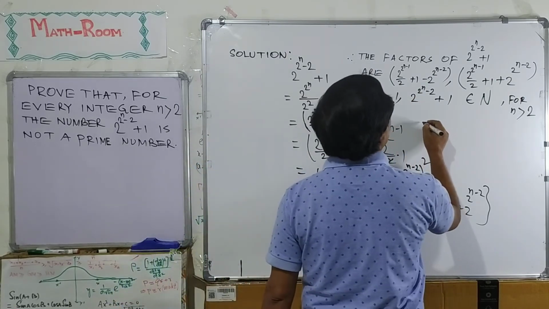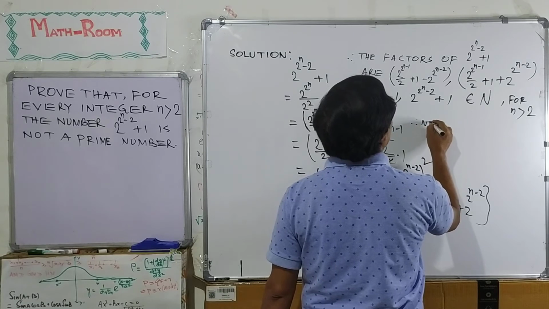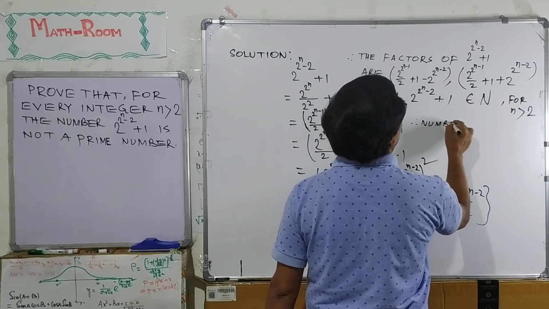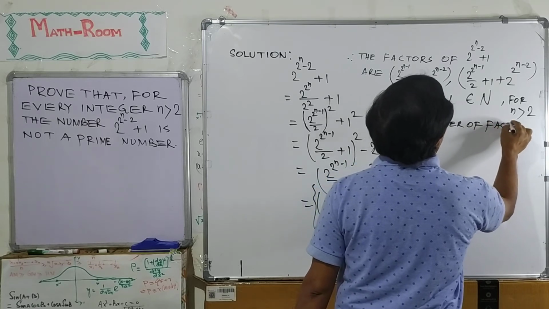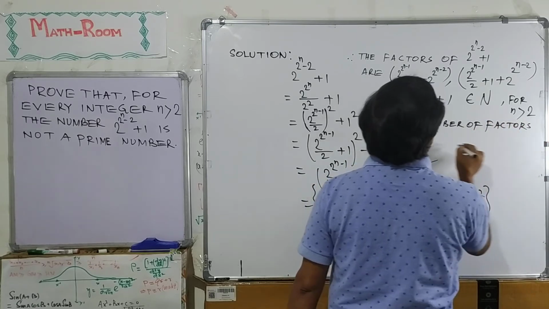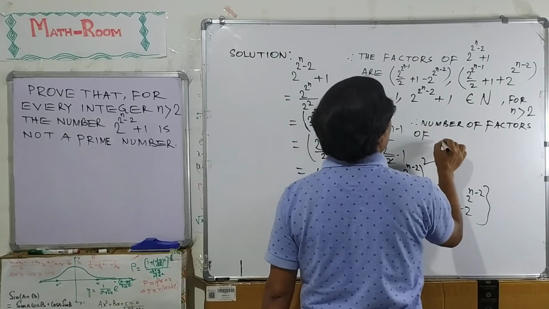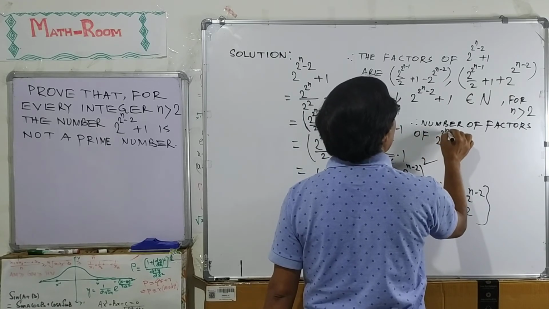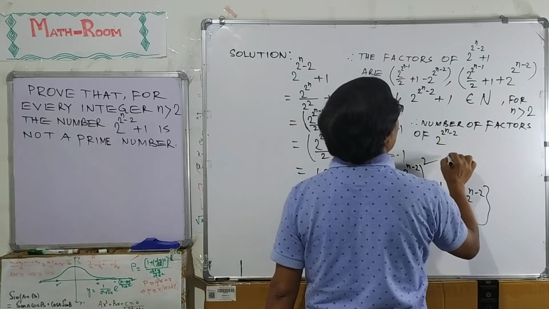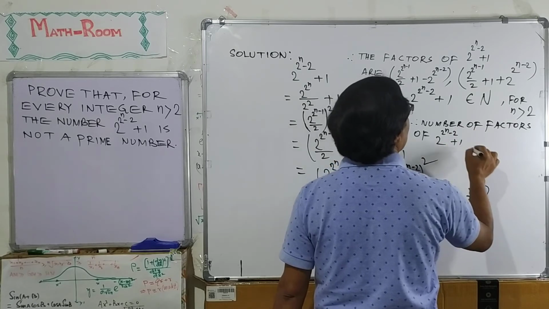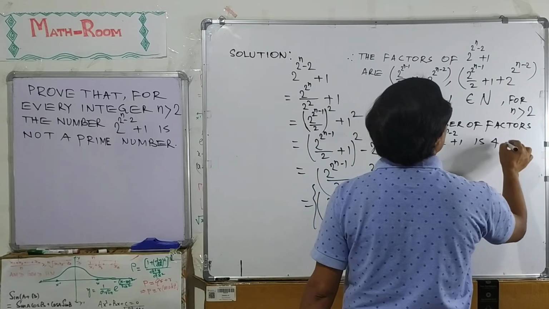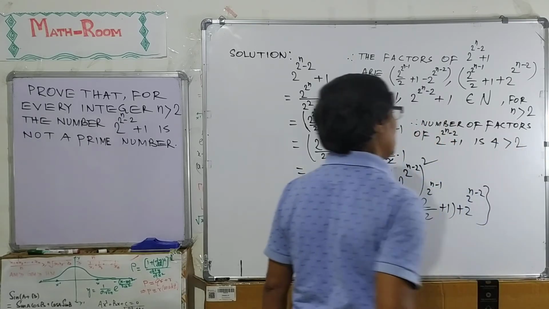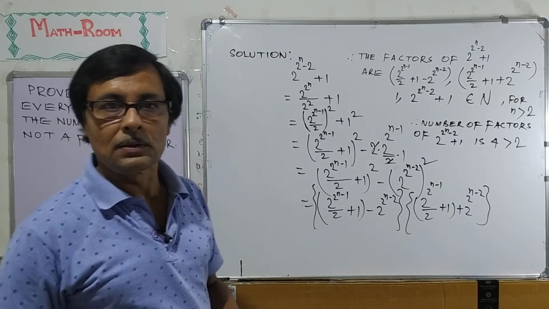So, the number of factors of 2 to the power n minus 2 plus 1 is 4, which is greater than 2.